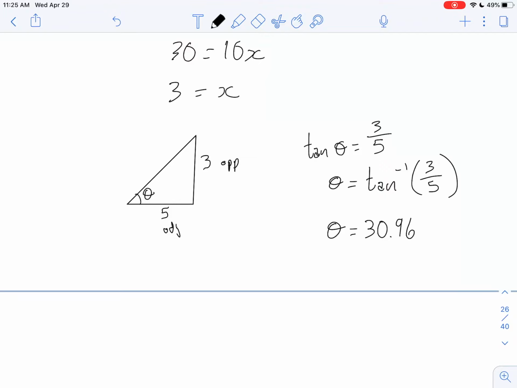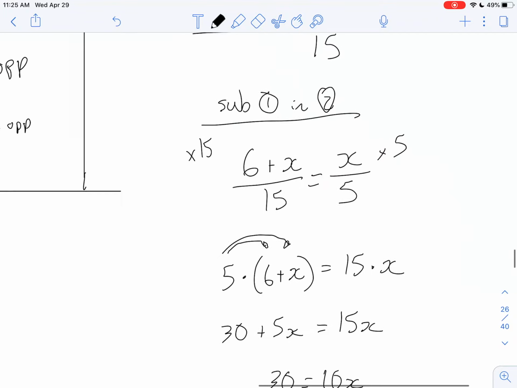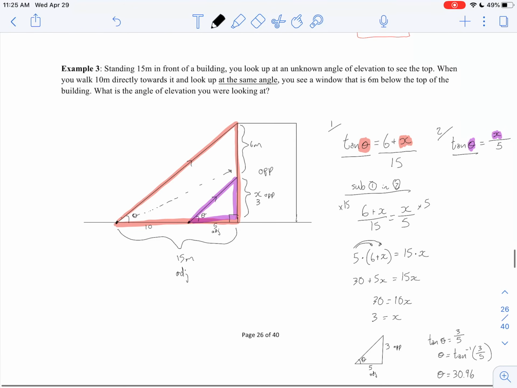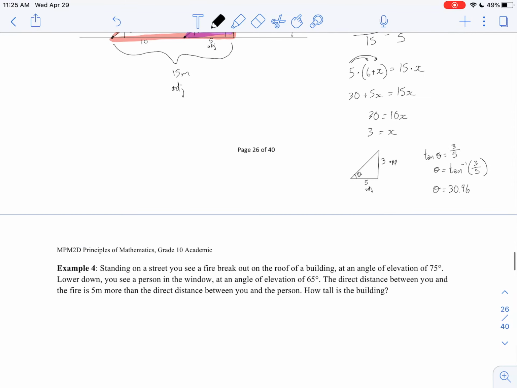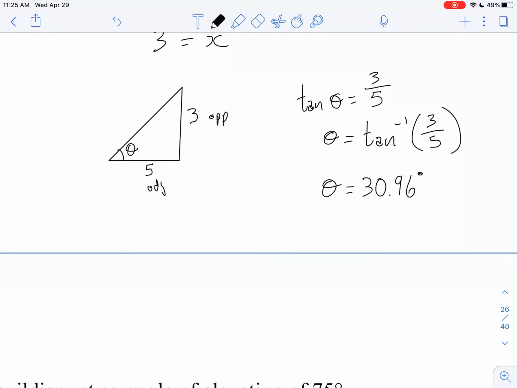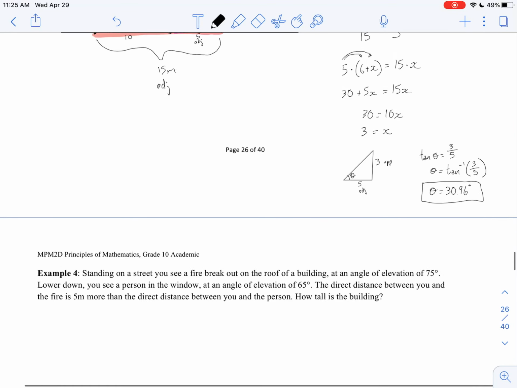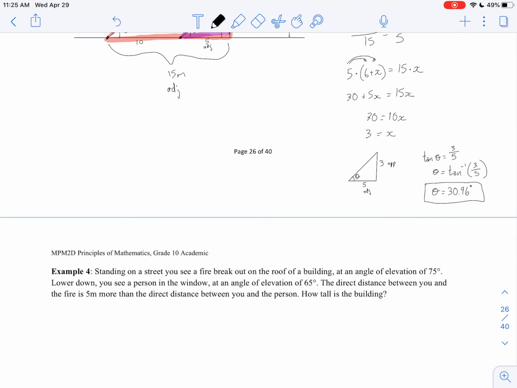And it doesn't ask us what to round to. I'm just rereading the question there. What angle of elevation were you looking at? It doesn't ask us what to round to, so I'm going to leave 2 decimal places just to play it safe there. Therefore, the angle of elevation is 30.96 degrees.